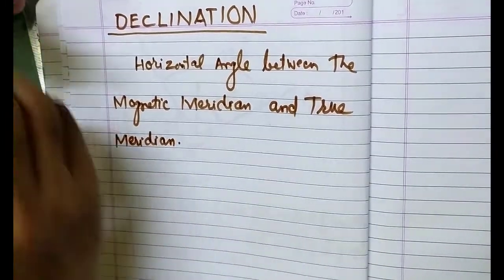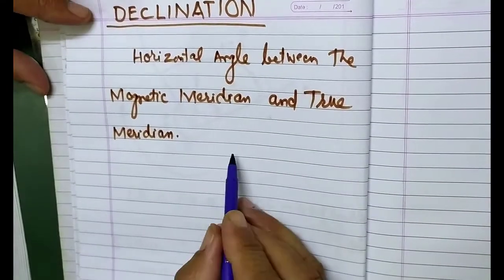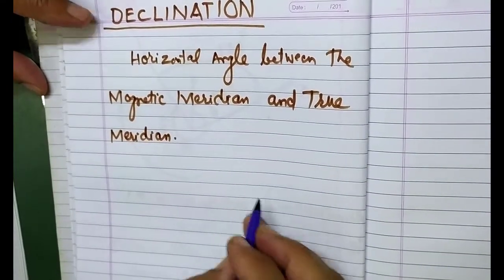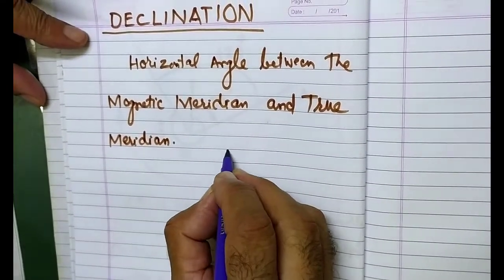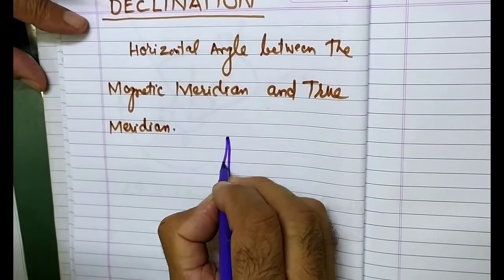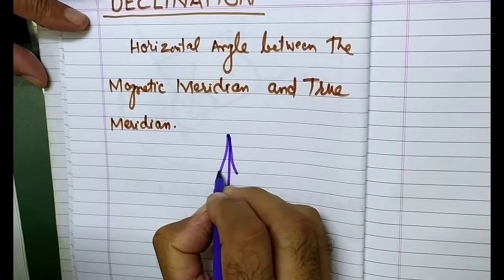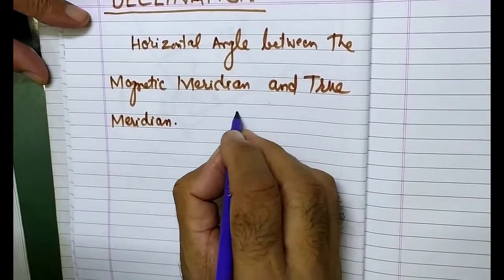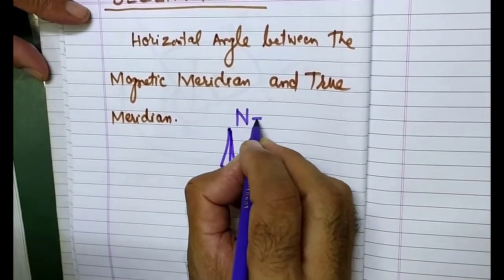In the start, we studied about the true north and magnetic north. So, this is the true north.